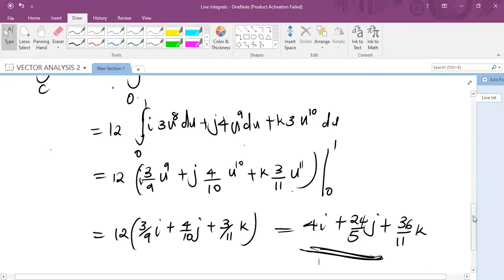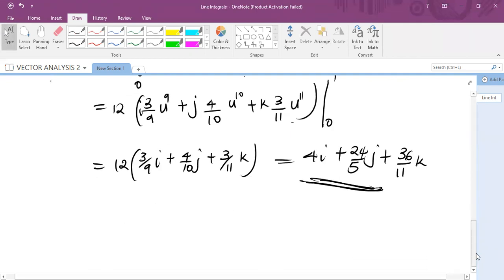Okay, fine. Let's take up another example, example number 2. We have our v equal to xy plus y squared z.